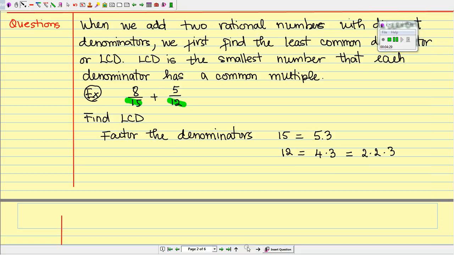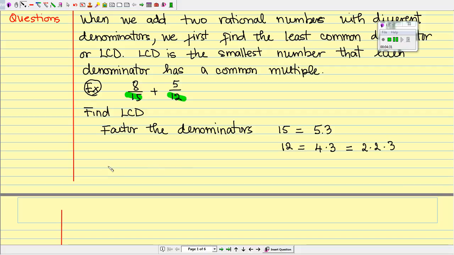So we can see right here that the common factor, you can see here, is 3.